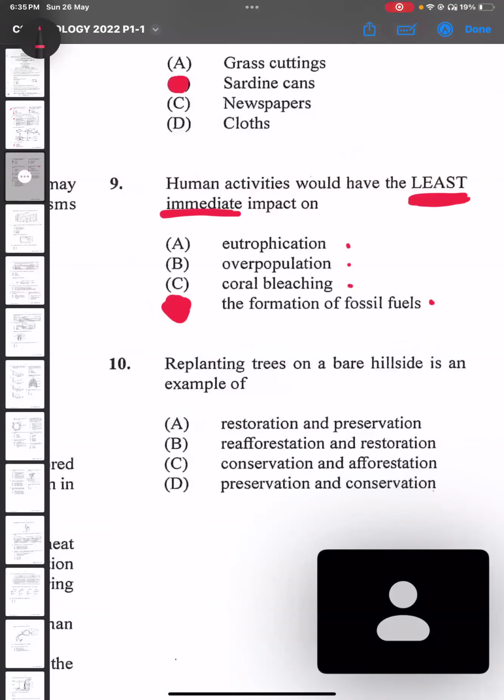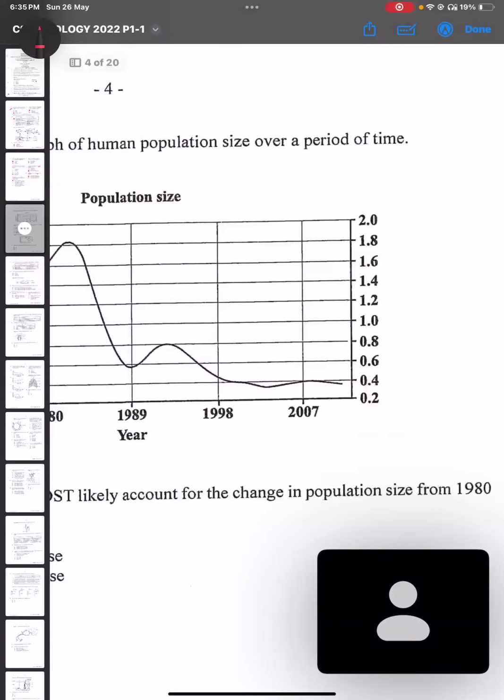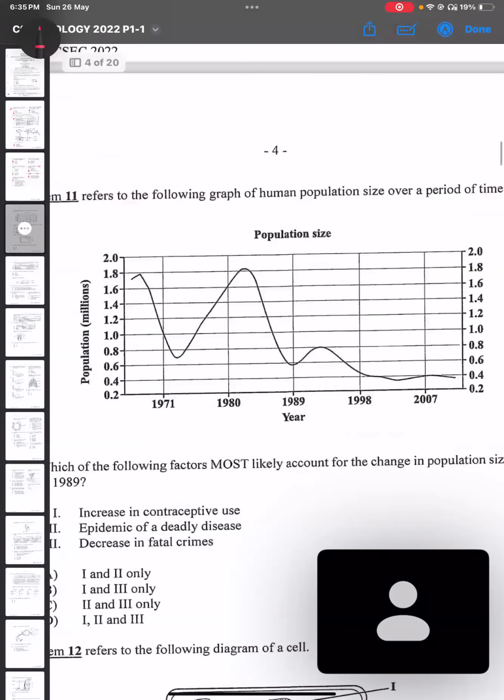Replanting trees on a bare hillside is an example of D, reforestation and restoration. The fact that they use the word replanting and then it's on a bare hillside, it showed that the hillside at some point had trees. So that's why they say restoration. And the fact that you're trying to put the environment back to what it was before, that is where the restoration comes in. We know our answer for this.